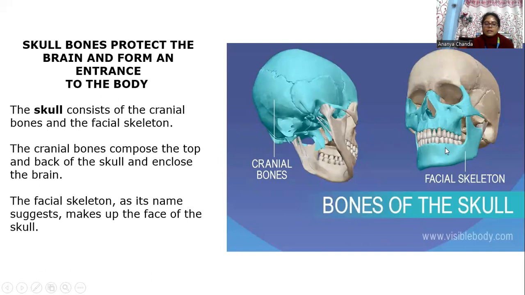The facial skeleton, as its name suggests, makes up the face of the skull. The cranial bones compose the top, sides and back of the skull, and help to protect the brain.